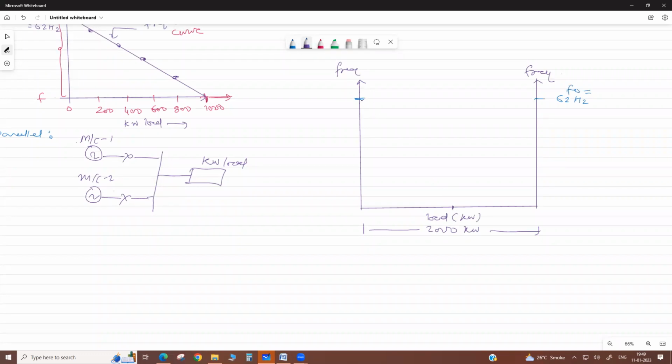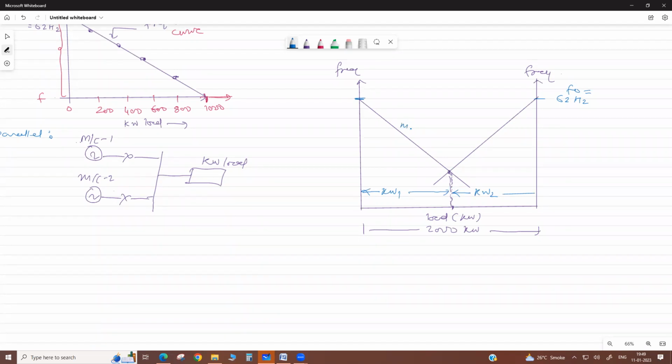Now, if we draw the characteristics, here is the total kilowatt load. So this is your operating point. Now the load shared by machine 1 is kilowatt 1 and by machine 2 is kilowatt 2, and they are equal.